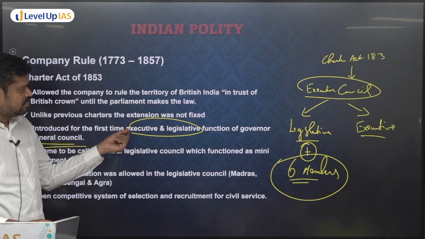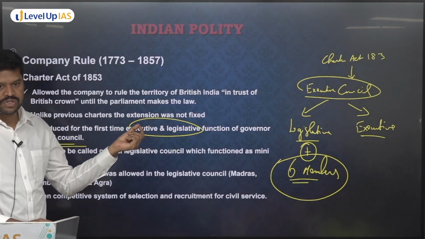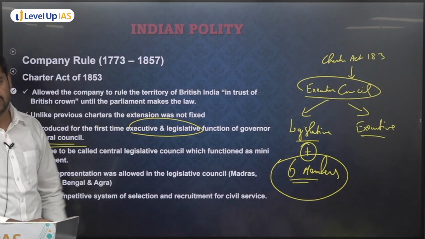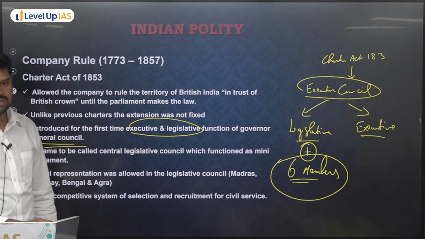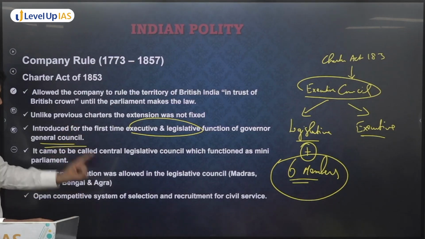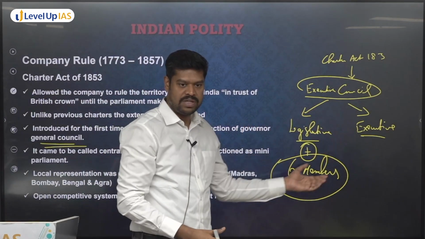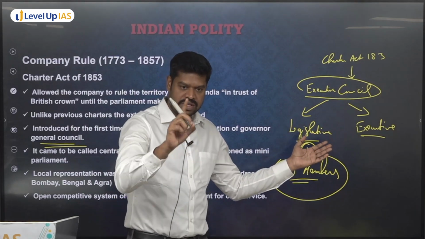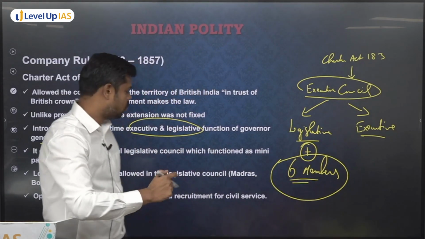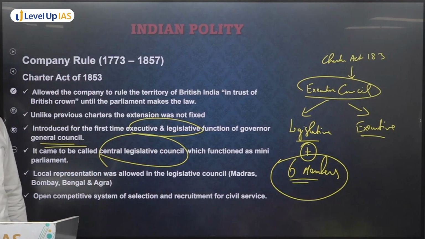It is the Charter Act of 1853 which separated the legislative and the executive functions, and there were more members when they were performing the legislative functions. It was for the first time that the Governor General in Council met for performing the legislative function. It was for the first time in the history of India that they were called the Central Legislative Council. So it is very important.